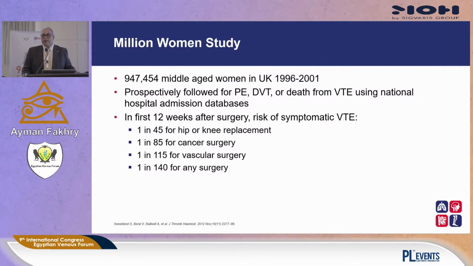This is another very good study, the Million Women study. It was run on about a million ladies with breast cancer in the United Kingdom, and this is the result. It was great and splendid, and demonstrates how we can measure and predict cancer in 1 million ladies with different types of cancer.